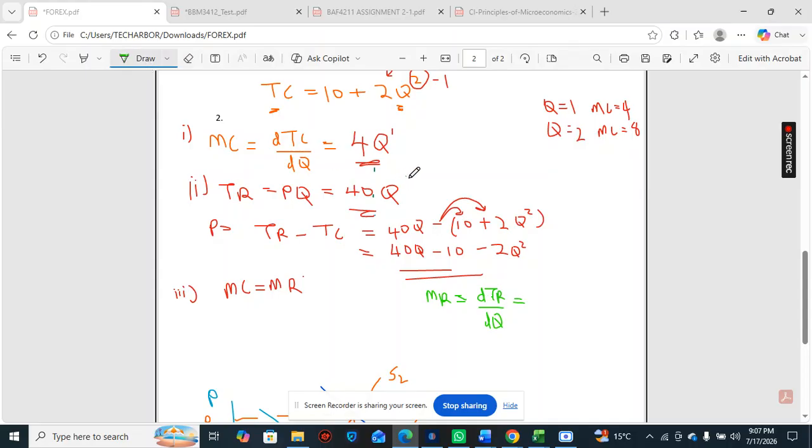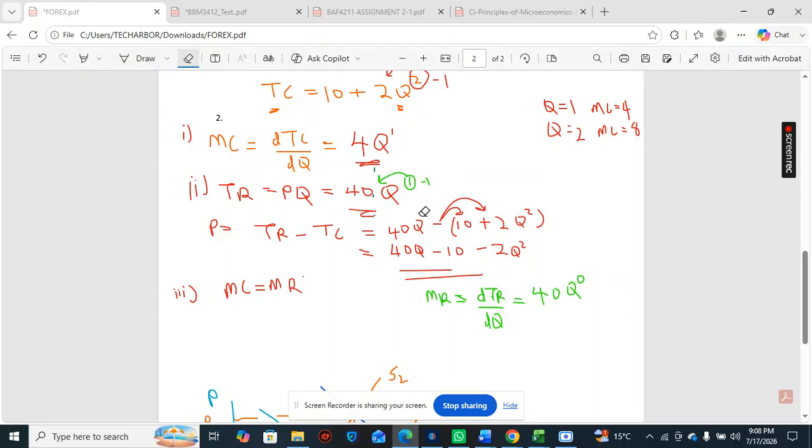When deriving, remember you multiply the exponent with the number in front of the letter, called the coefficient. 1 times 40, that is 40Q. Subtract a 1 from the exponent. 1 minus 1, that is 0. So you have 40Q to the power 0. Now if you remember in mathematics, anything to the power 0 equals 1. So you don't need to represent that Q there.